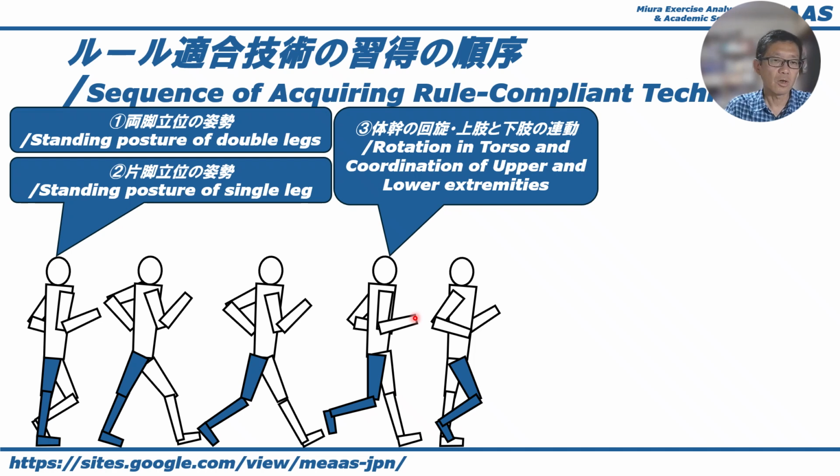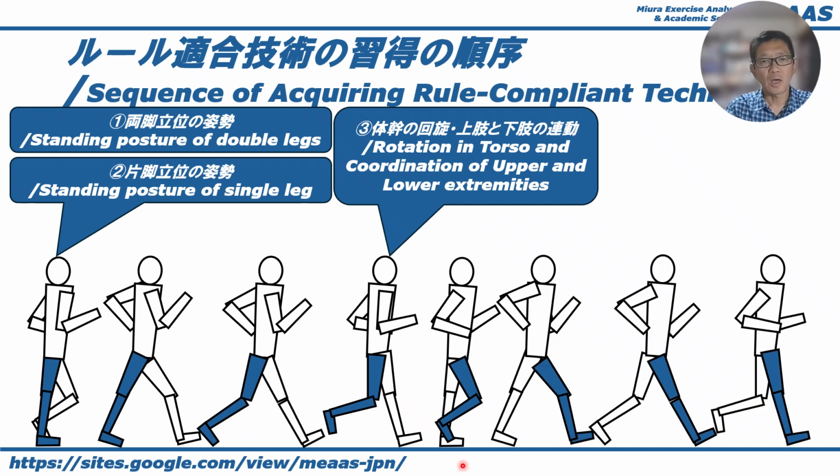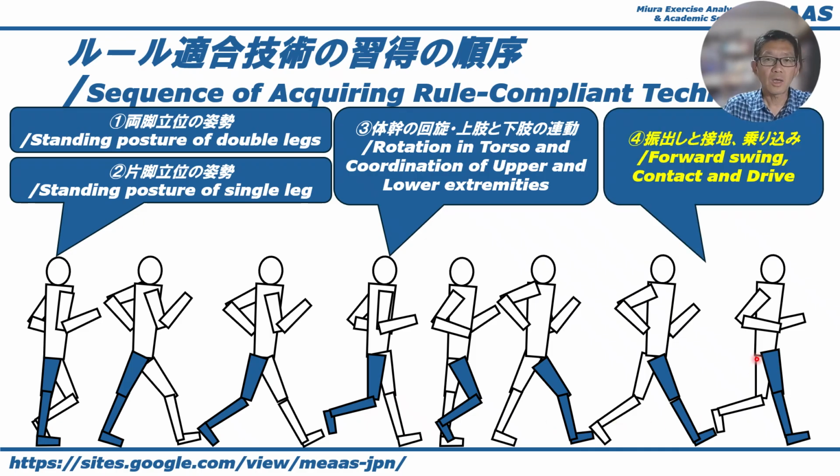After that, the leg swings to the contact, and after contact, drives forward, and the other leg swings lower. Today, in this movie, number 11, I talk about the forward swing, contact, and driving.